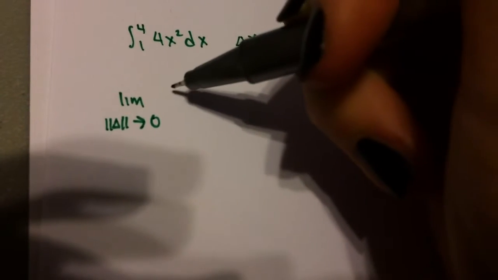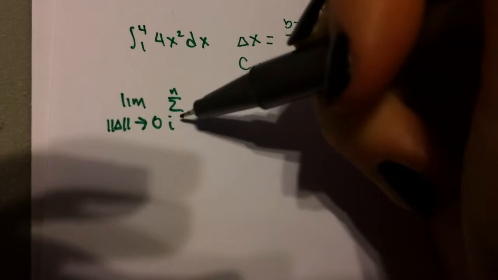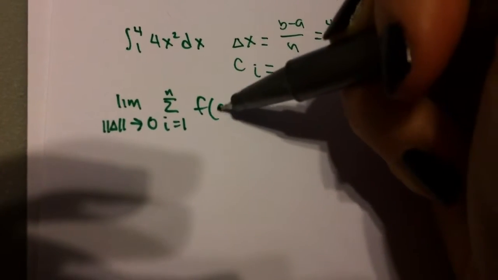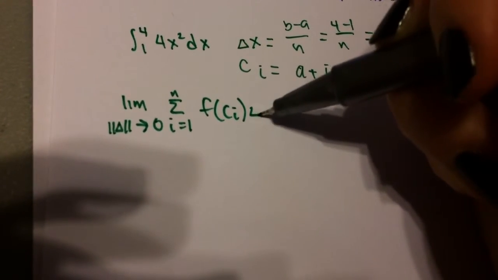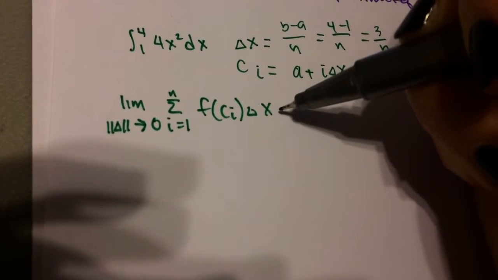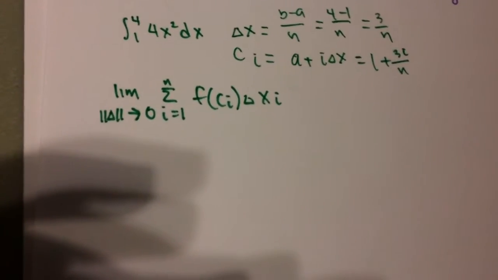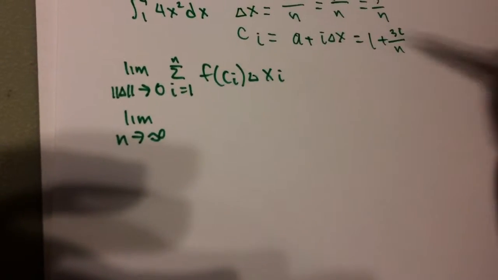Okay, now we're going to use our limit definition, which is the limit as the partition approaches 0 of the sum from i equals 1 to n of f of c sub i times delta x sub i. Now we can rewrite this as the limit as n approaches infinity. It's the same thing.